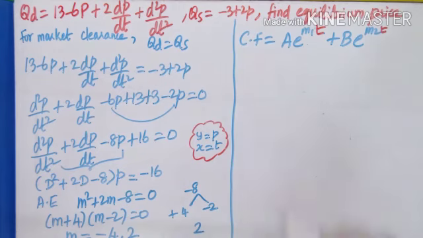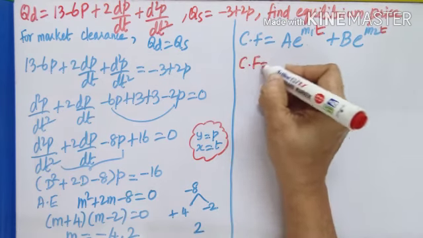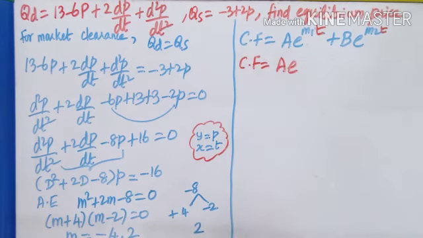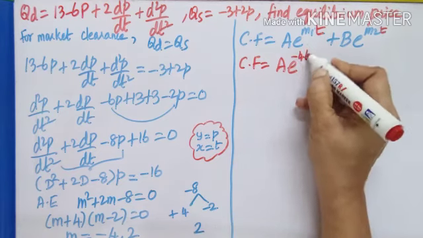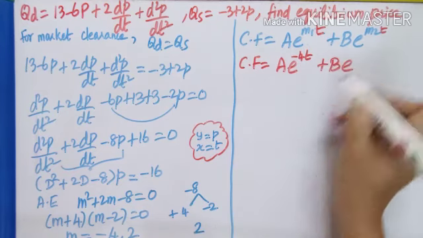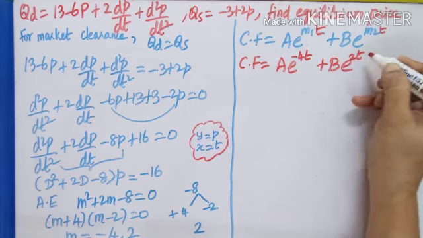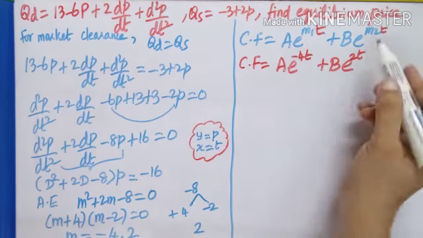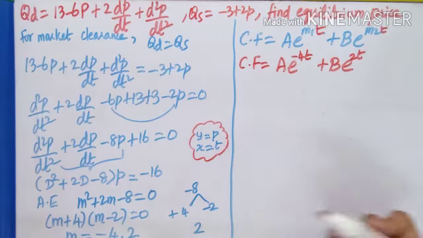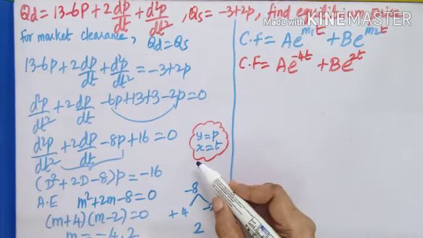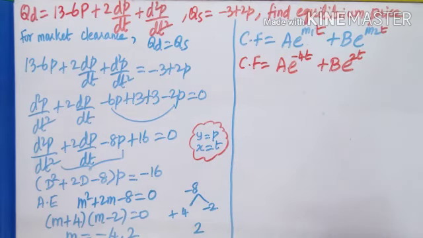So what is my answer? CF is equal to A e^(−4t) + B e^(2t). If you have written x in your answers, the entire answer would be wrong. So let us remember, in this question, it is not x, but t should come in my answer.